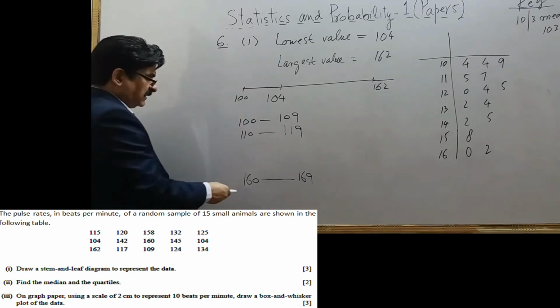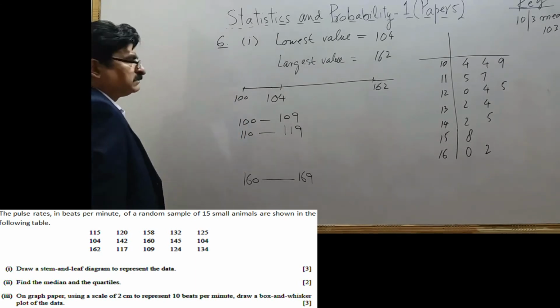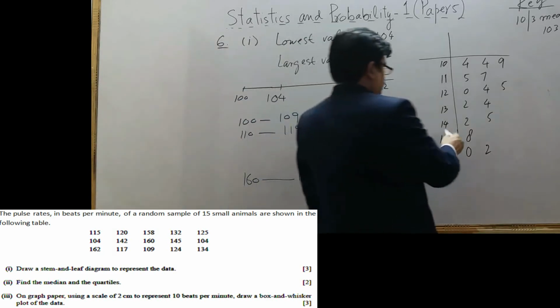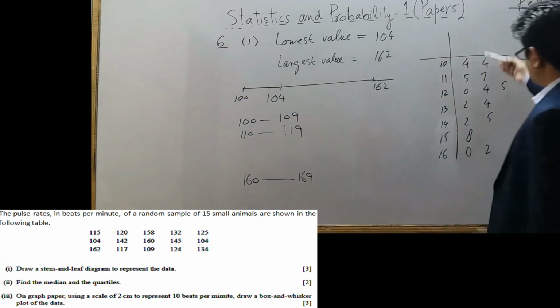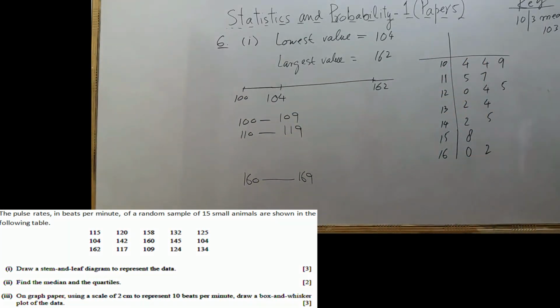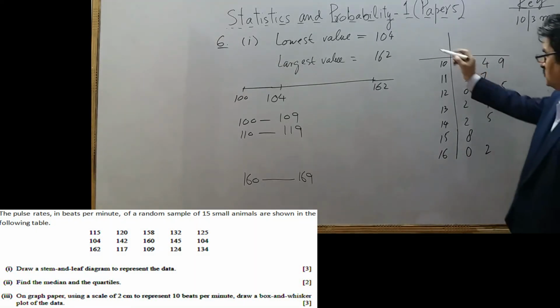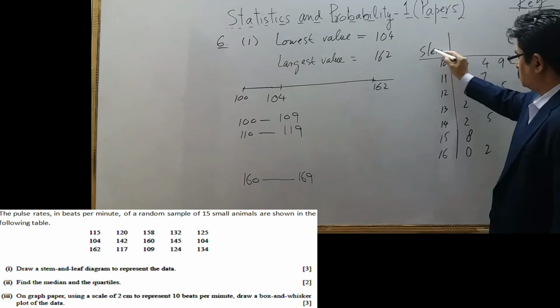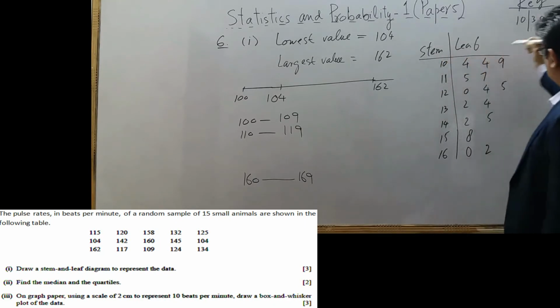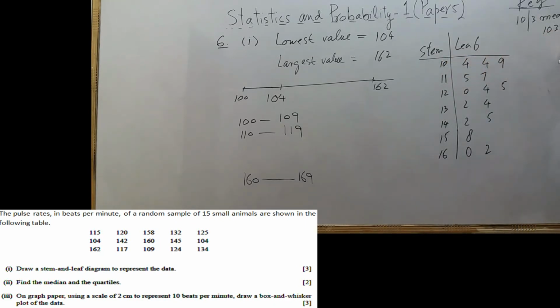And we have these 7 classes, 1, 2, 3, 4, 5, 6, 7 classes. I have completed the stem and leaf diagram because it's easier and you know how to do it. We have to give the key also, it's very important, it's compulsory.